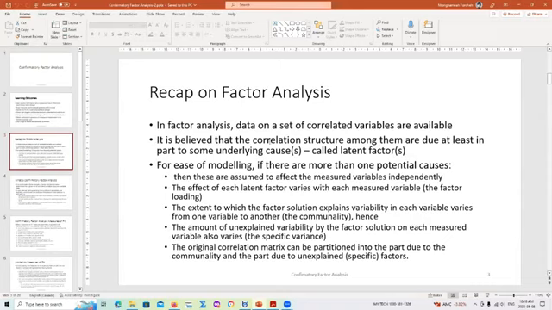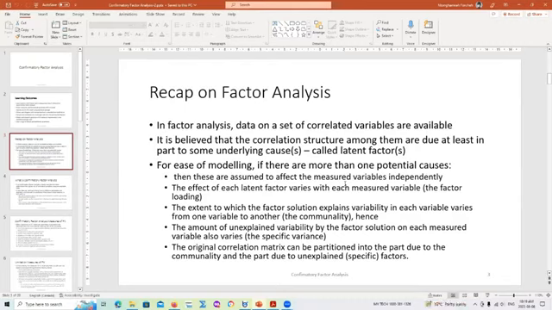So it is believed that the correlation structure among the variables is due at least in part to some underlying cause or causes. And those underlying causes we call latent factors. Those are the assumptions we've made in factor analysis, which underlies confirmatory factor analysis. So for ease of modeling, if there is more than one potential cause, then these are assumed to affect the measured variables independently. So what we're saying is that we want underlying causes which themselves are independent of each other.